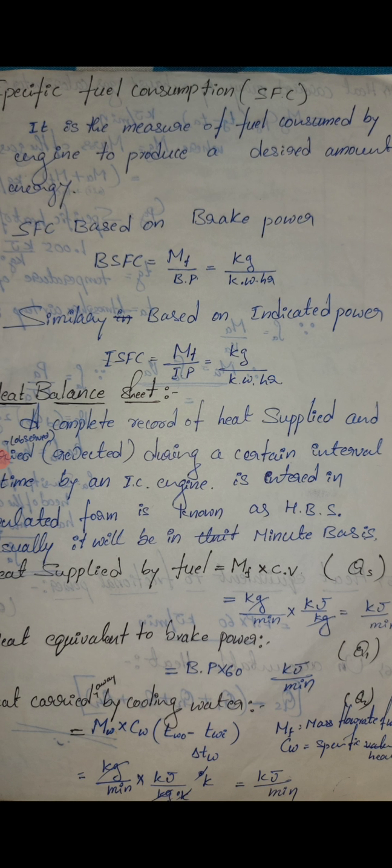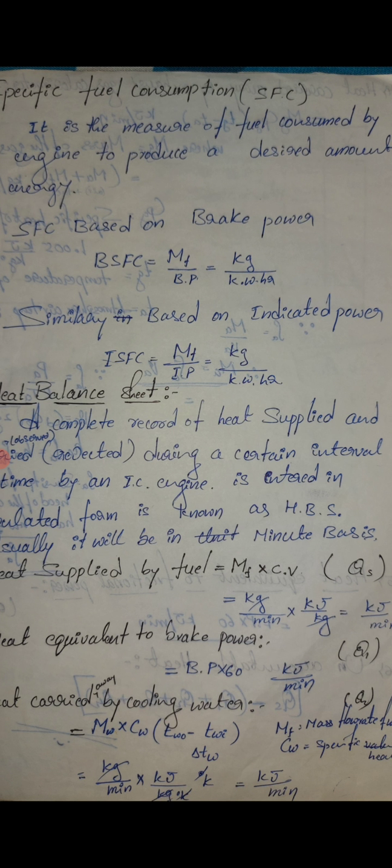MF usually you are going to get on an hour basis, so it is kg per hour, and BP will be in kilowatts. So the unit for brake specific fuel consumption will be kg per kilowatt hour. Always the specific fuel consumption will be in terms of kg per kilowatt hour. So that is about the specific fuel consumption with respect to the brake power.